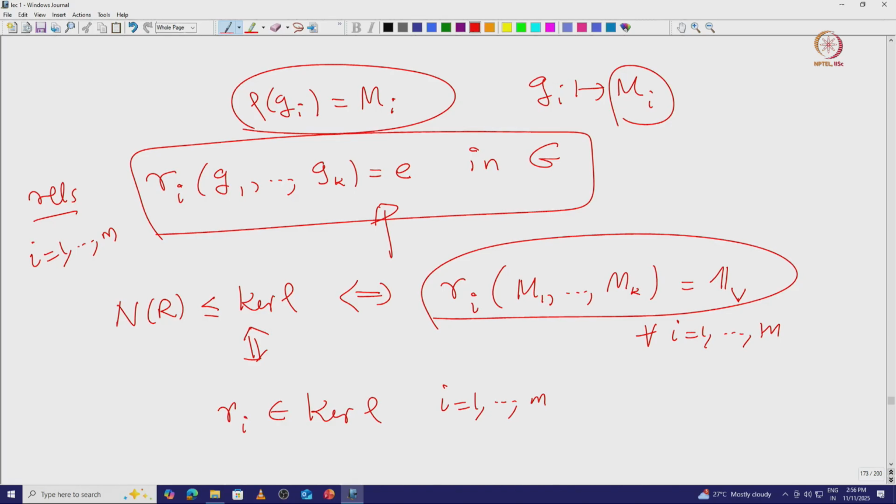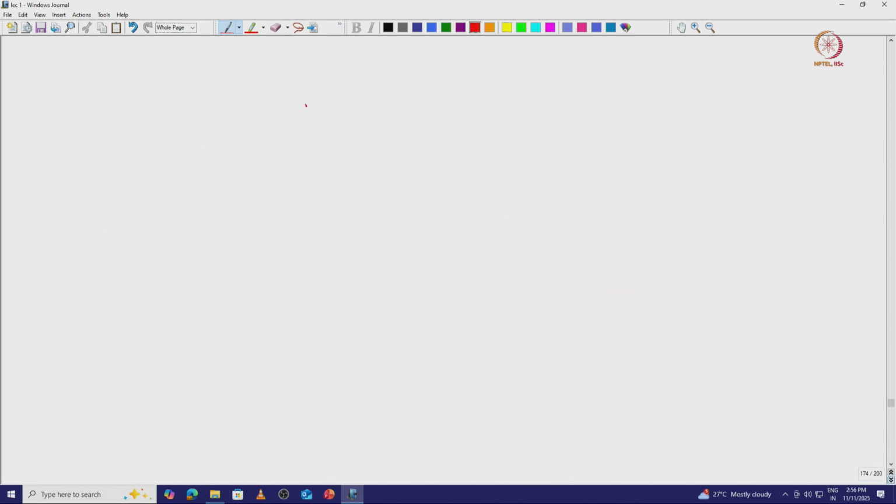In that case, we will be able to say that the map from F(S) to GL(V) indeed factors through G to GL(V).